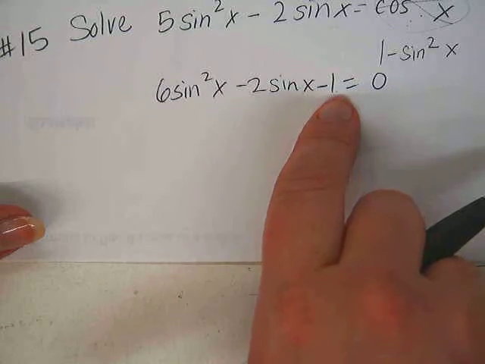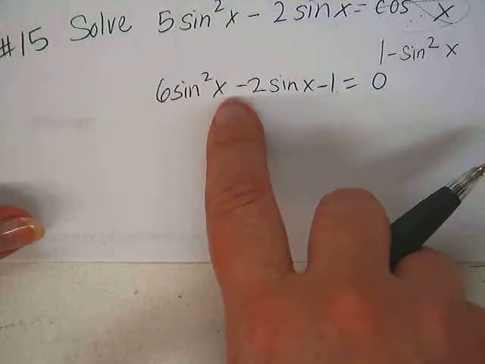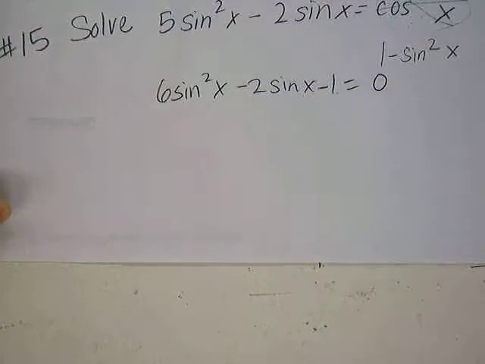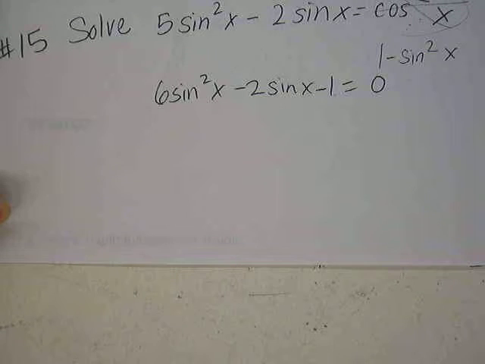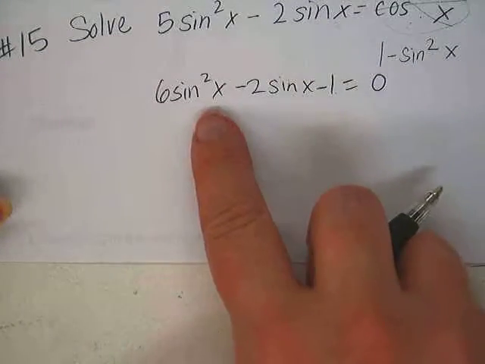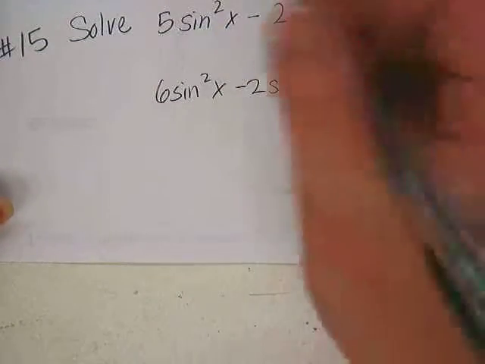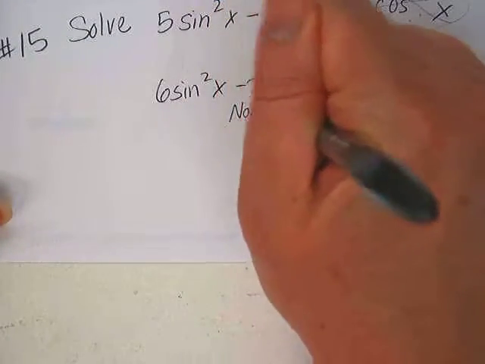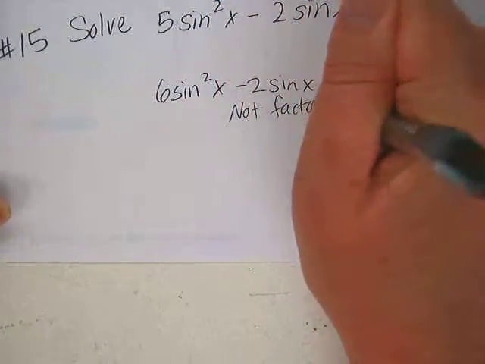Then I should see if I can factor this. 6 times negative 1 is negative 6. Are there factors of negative 6 that will add up to a negative 2? Negative 3 and 2, or 3 and negative 2, would give us a 1 in the middle. And negative 6 and 1, or 6 and negative 1, would give us a negative 5 in the middle. I don't think this is factorable.